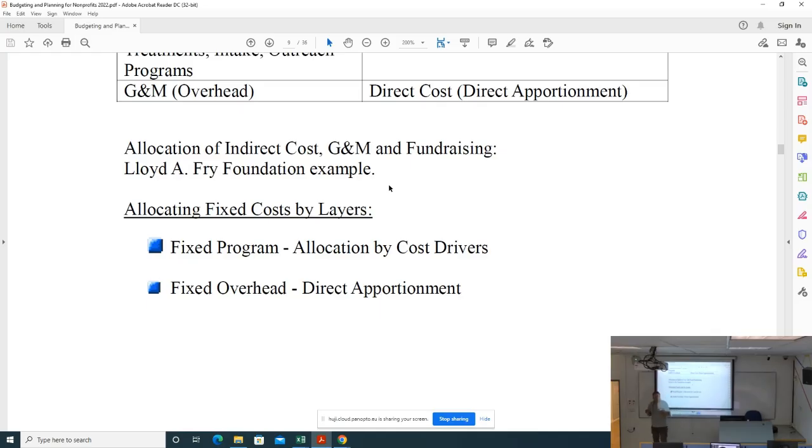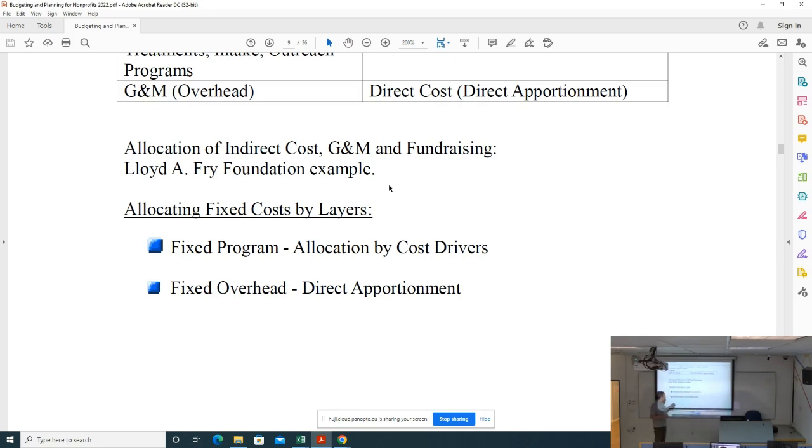Now, since the goal here is to make the case for outsiders, donors, that the allocation method is correct, and since we all want to work based on the criteria of what is called benefit to cost, which means that we don't want to spend too much time on preparing budgets more than is necessary, okay? Because basically it's not the mission of our organization. Then we should choose the more complicated methods only if they add value to our case versus the donors.